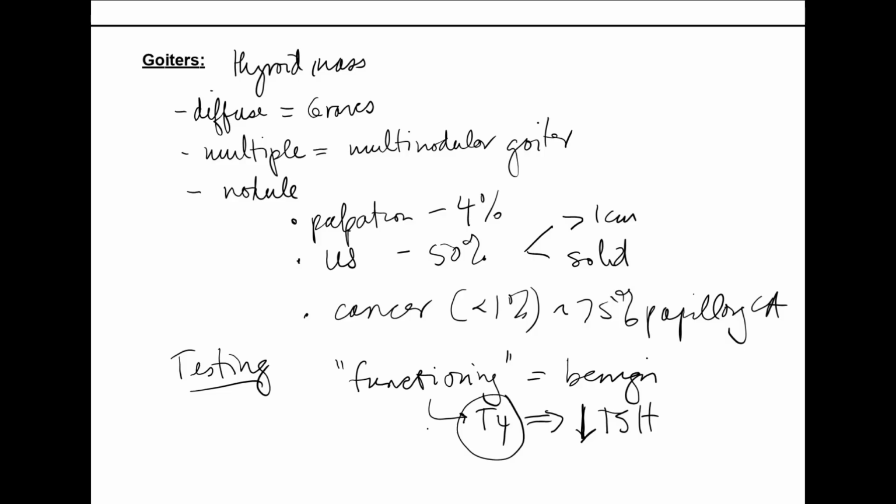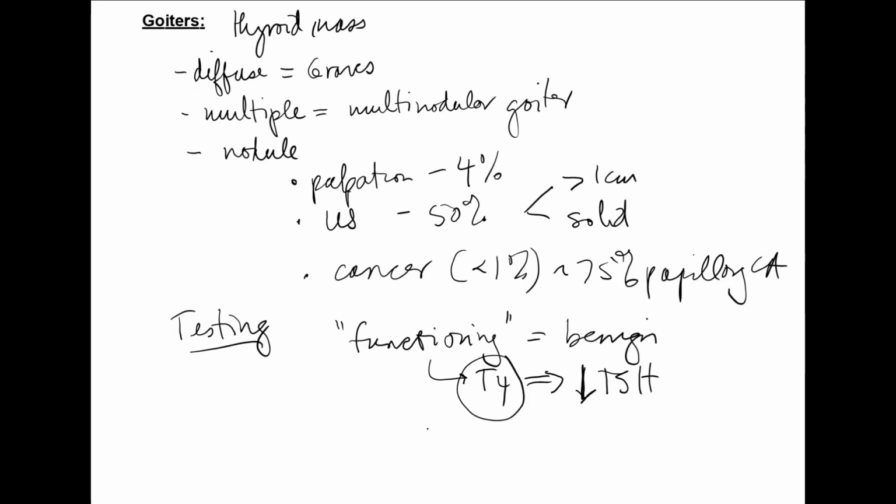The problem with using TSH as the first test is that it requires quite a large amount of tumor. In other words, we're not going to see TSH suppressed until the tumors tend to be at least greater than 1 centimeter in size. Usually we're talking about tumors that are 2.5 centimeters.